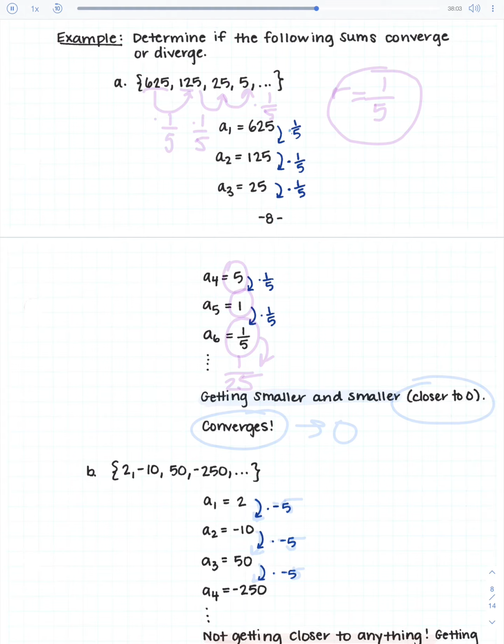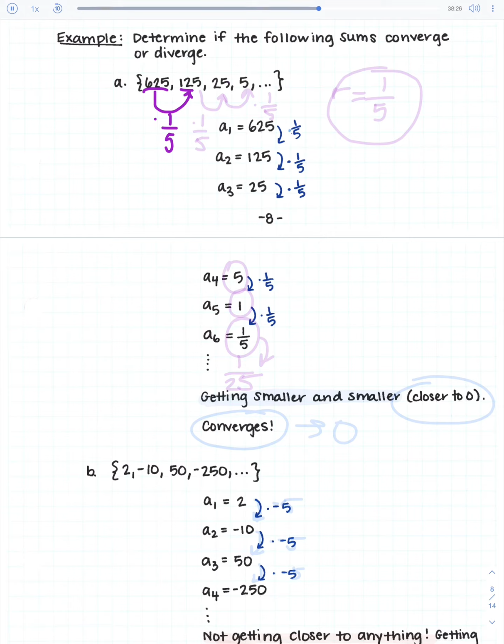First of all, we need to figure out what the common ratio is. To get from the first to the second number, from 625 to 125, you're making your numbers smaller, so you're multiplying by some kind of fractional ratio. It looks like you're dividing by 5. That would mean that you're multiplying by 1/5.